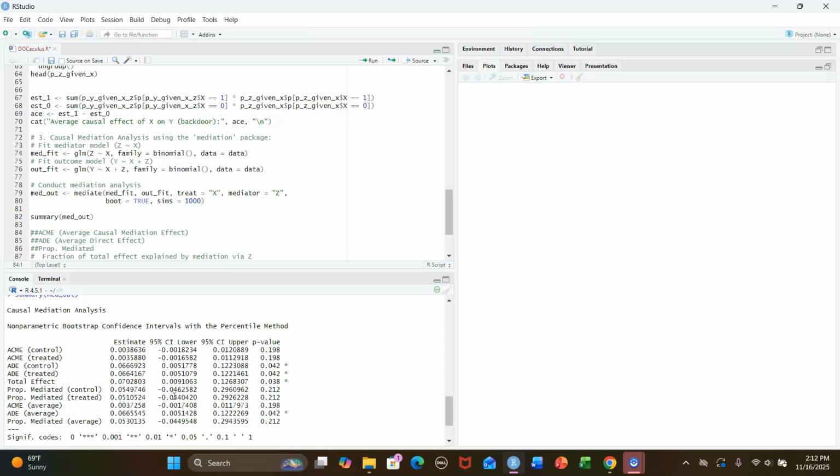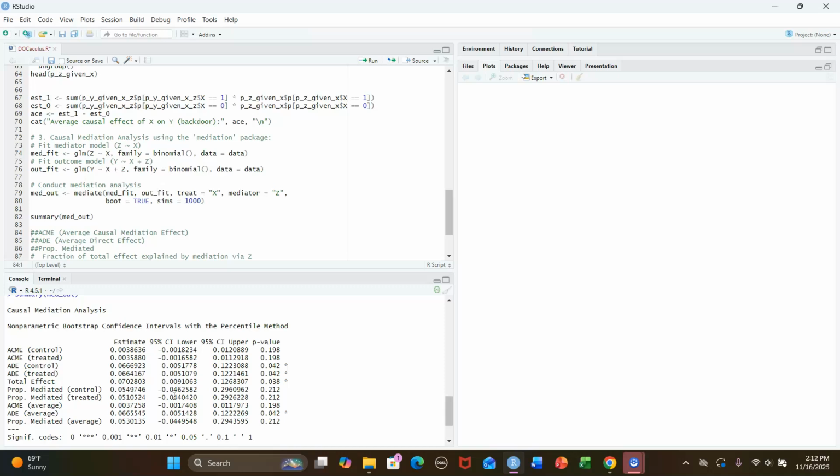And you can see if you look at the p-values, we have significant direct effect both in the control and in the treatment. So there's no difference in the two groups, but the direct effect is significant, and the total average is also significant.